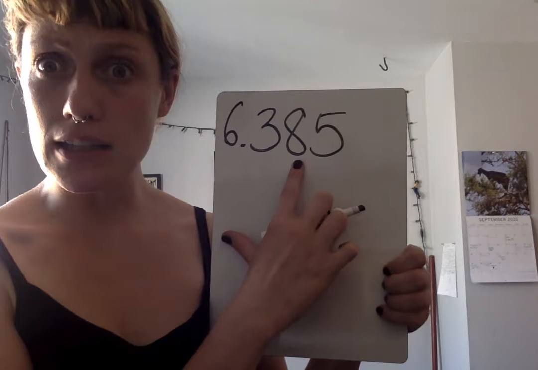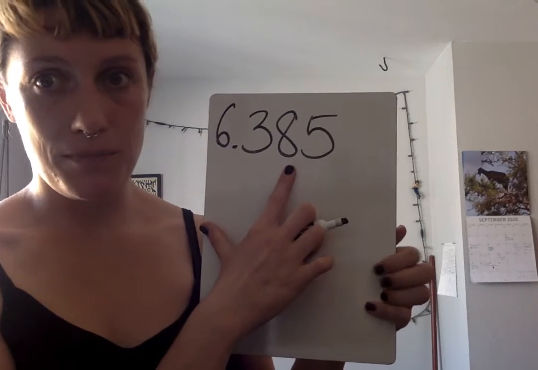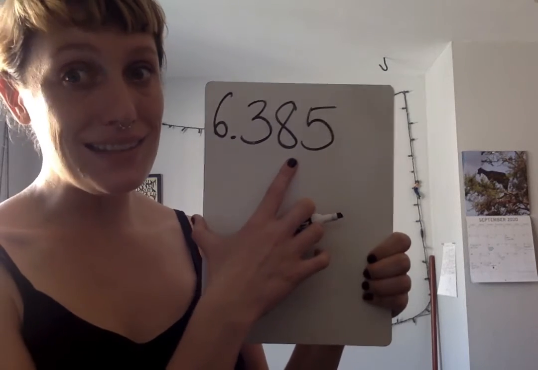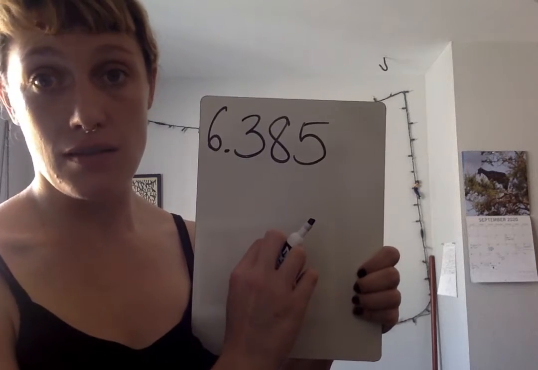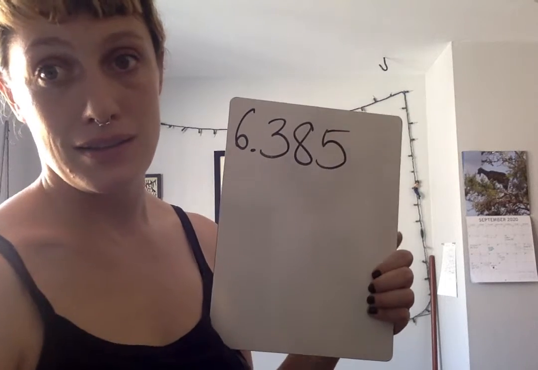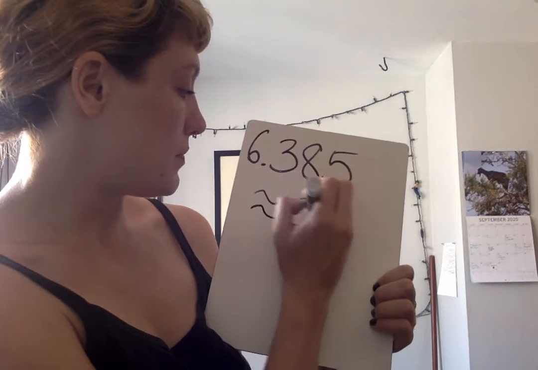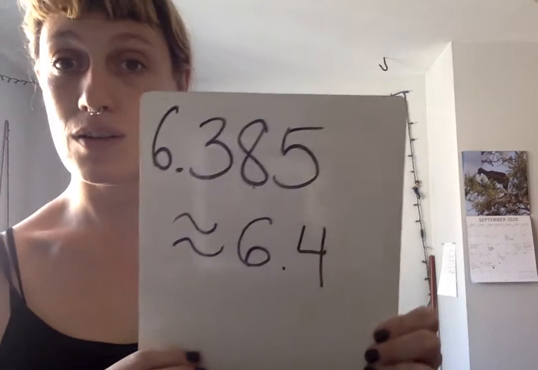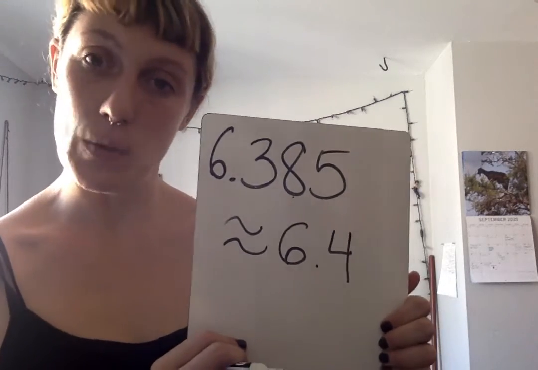Is 8/100ths closer to a tenth or closer to no tenth? If you think about 8/100ths, 8 is closer to 10, which 8/100ths is a tenth, than it is to 0, right? 8 is closer to being 10. So that means we would round this number to 6 and 4/10. Because our hundredths, we have almost enough hundredths to make one more tenth. Okay, that's how we do this.